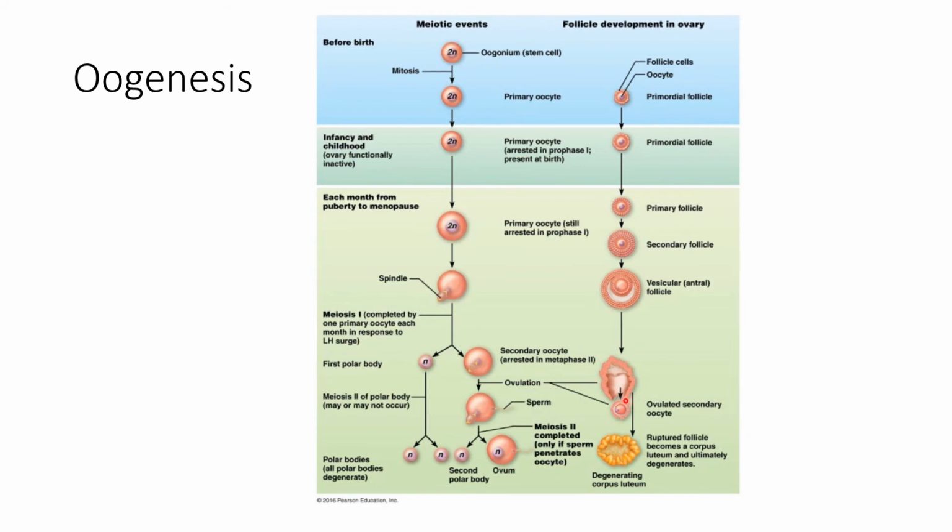What's going to happen to all of these follicle cells? Remember how we said the follicle cells surrounding the oocyte, it's going to rupture, and we're going to have the secondary oocyte rupturing out of the ovary.